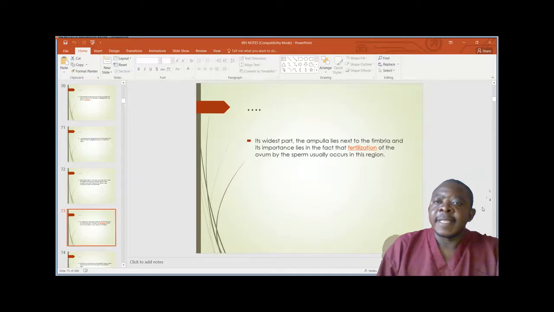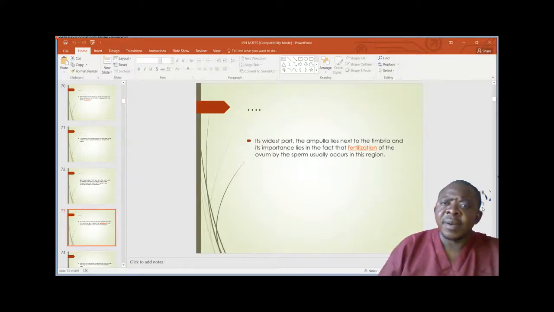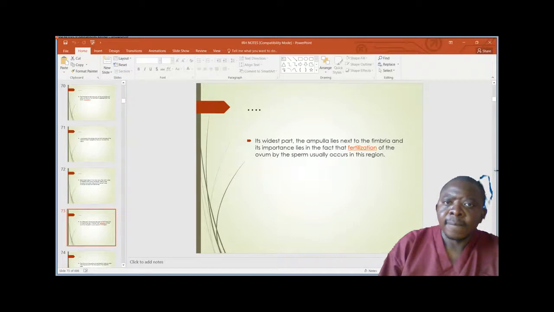Okay, that is in the ampulla. So it is found near the fimbria. The fimbria is the one that collects the egg. So the widest part, the ampulla, lies next to the fimbria.